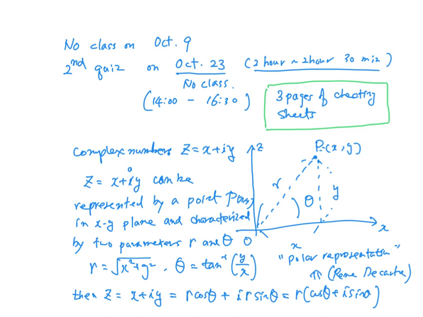The polar representation has a unique property: the product of two complex numbers can be written as an addition of angles and a multiplication of the radii.